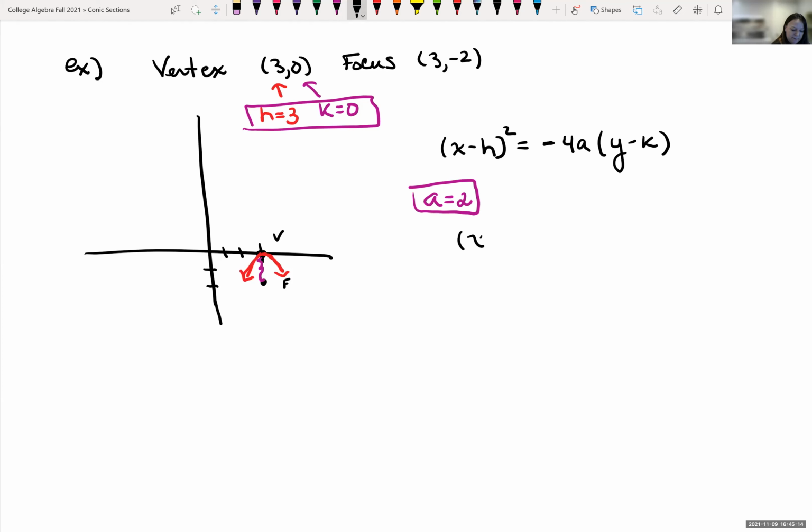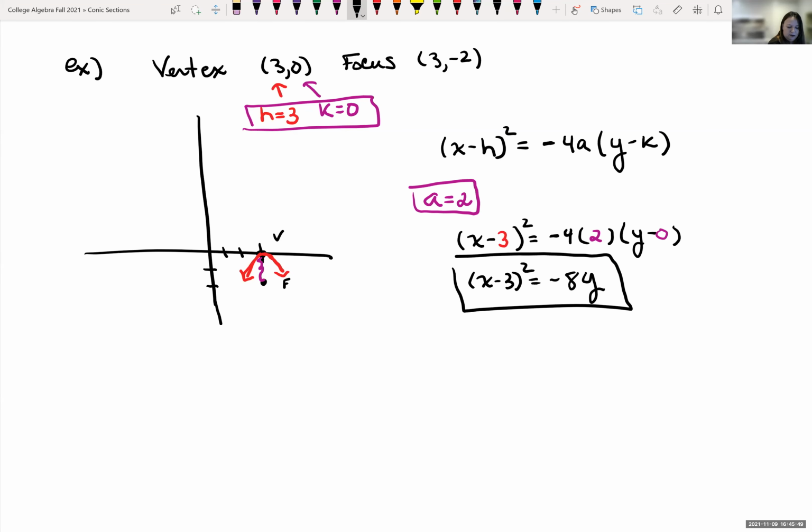We have x minus 3 quantity squared is equal to -4 times a, but a in our case was 2, all times y minus k, but k in our case is 0. Just rewriting this a little bit, this is x minus 3 quantity squared equals -8 times y. So we found the equation for our graph.